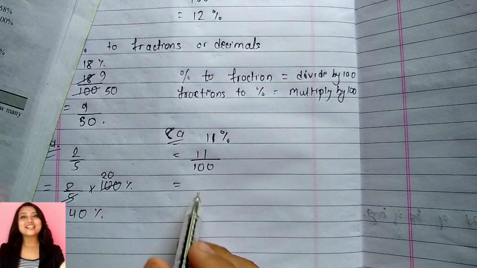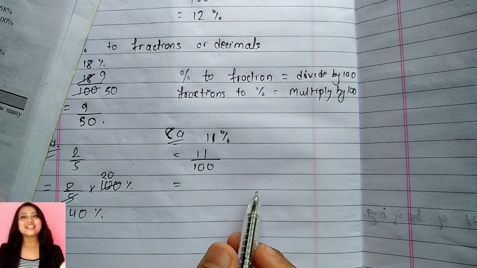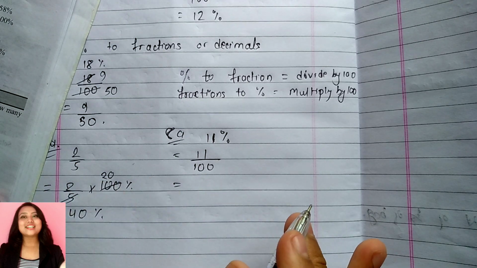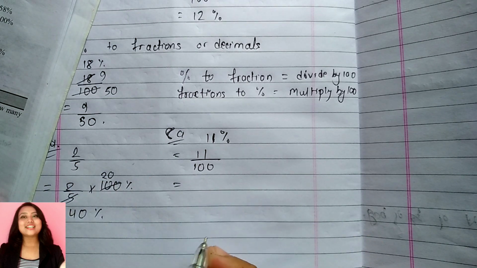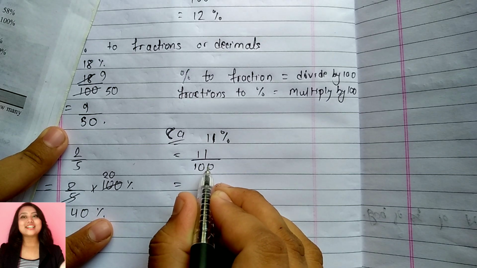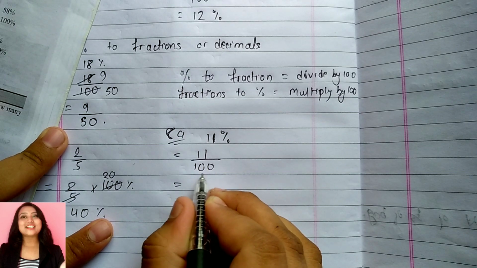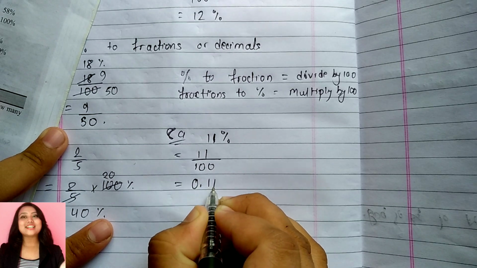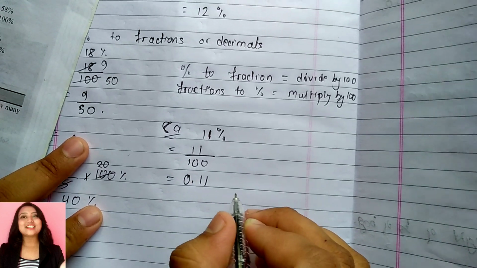Either you can use the division process, you can divide 11 by 100, that can also be done. But one thing we can do is that here 2 zeros are there in the denominator, so 0.11 can be written as the answer.